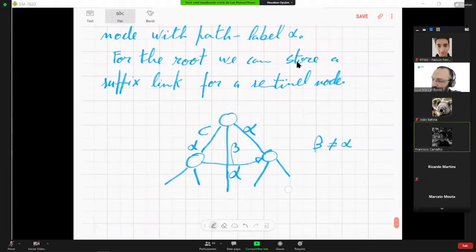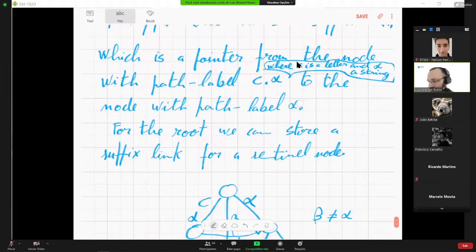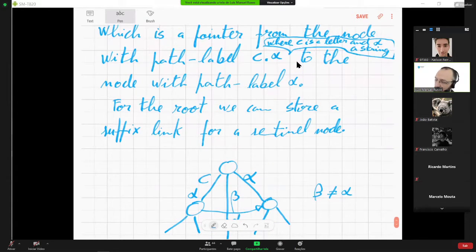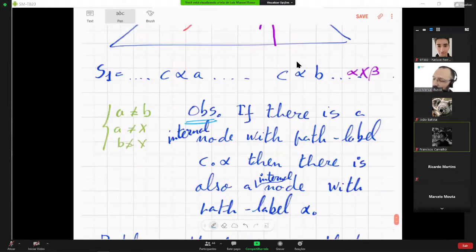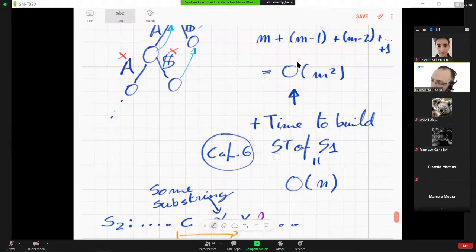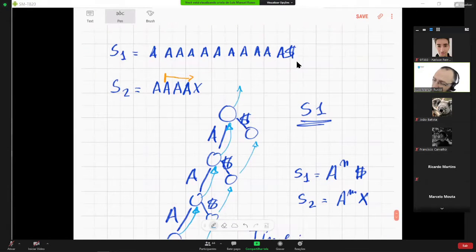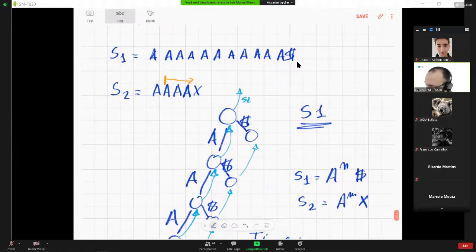Let me just finish here. For the root, we store a suffix link to a sentinel node. I'm assuming I have a suffix link here, so all of these are suffix links. I assume there is some other special node, which doesn't matter what it is.